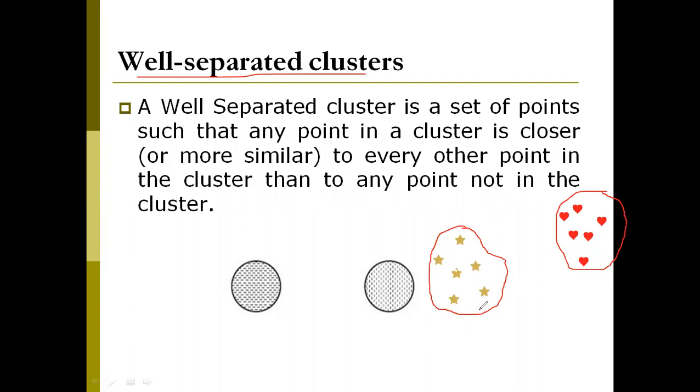Now, what is well separated here is that the data points in one cluster are similar to all the data points within that particular cluster. Assume this is one data point.